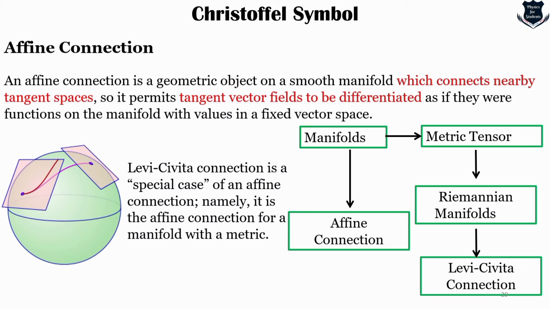So it is basically an affine connection of a manifold with a metric. Now, what happens typically is that we need this affine connection, or I would say the affine connection is already there because it connects the nearby tangent spaces so that we can differentiate and make a better connection. And the Levi-Civita connection is basically a special affine connection which we will see soon how it behaves.